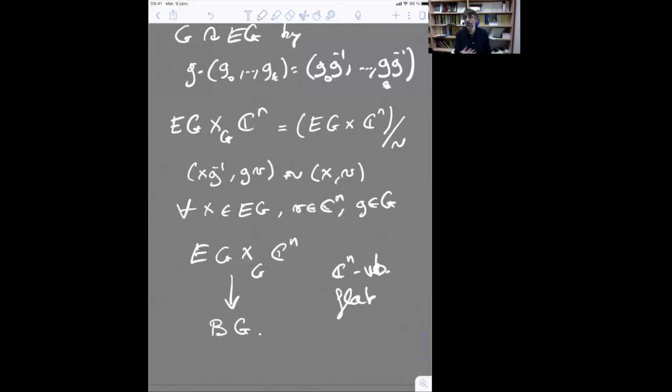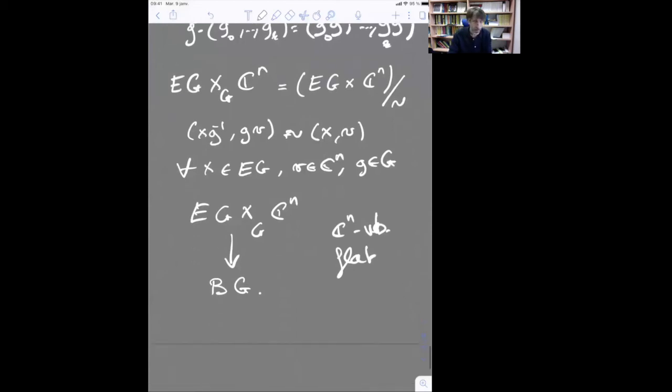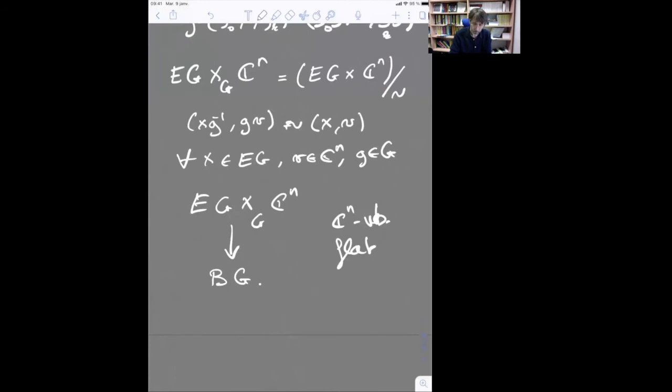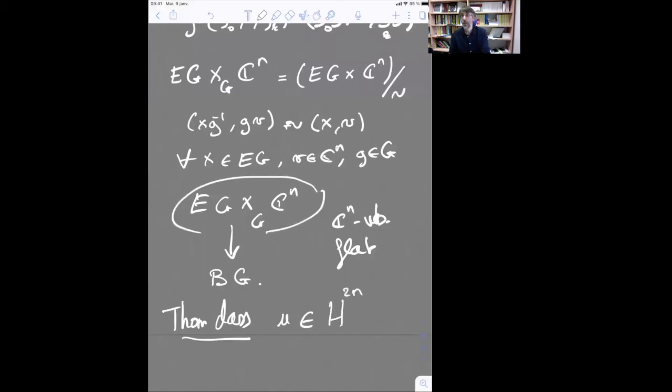So you have a universal bundle over the classifying space of G. Now that we have that, formally we can do exactly what we have done before. We have a Thom class, except that we have to remember that we are in degree 2n. The Thom class is an element in the degree 2n cohomology of this bundle.